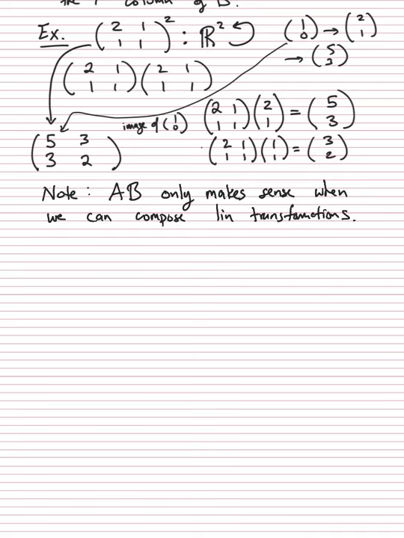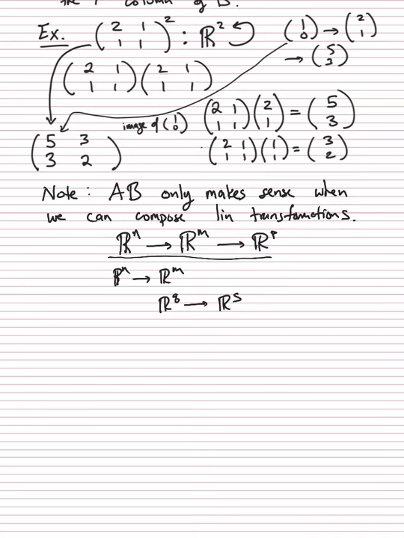So if you're mapping from Rn to Rm, which goes to Rp or something, then that corresponds to a matrix multiplication which makes sense. But if I have Rn goes to Rm and Rq goes to Rs, this one is not, because you can't compose these linear transformations.